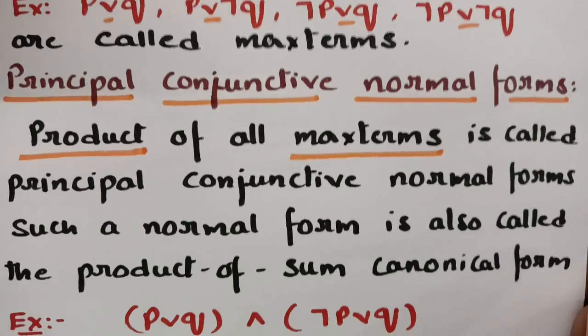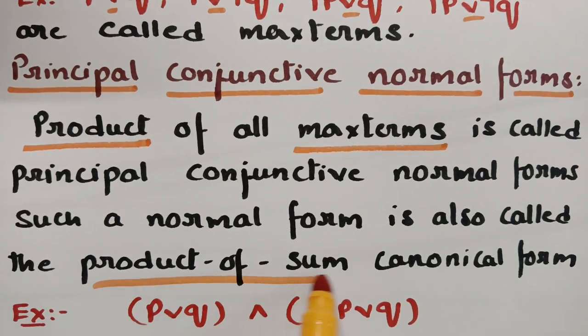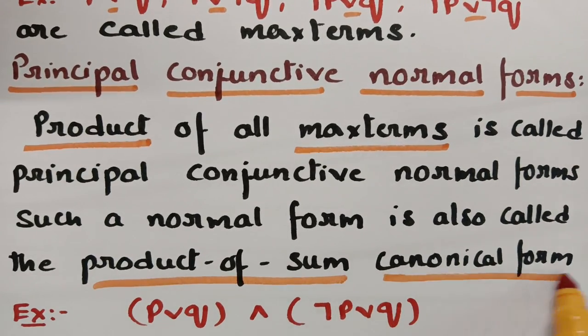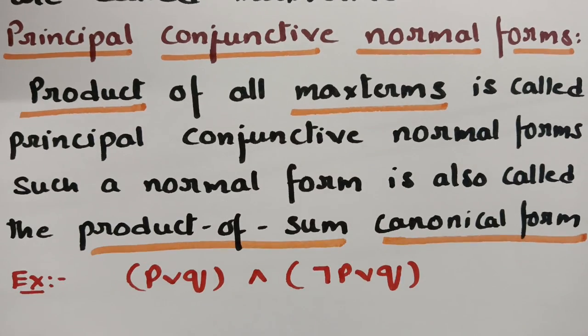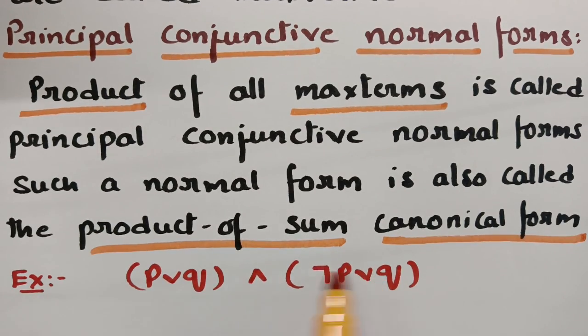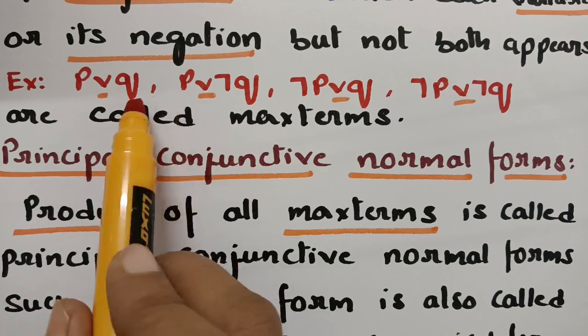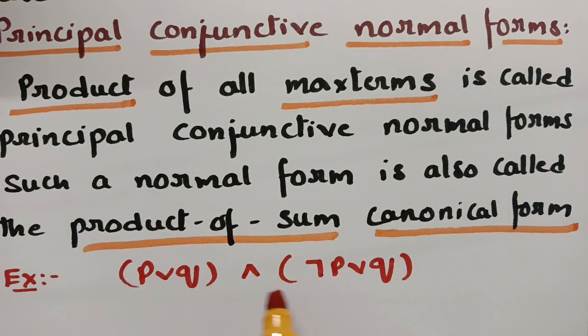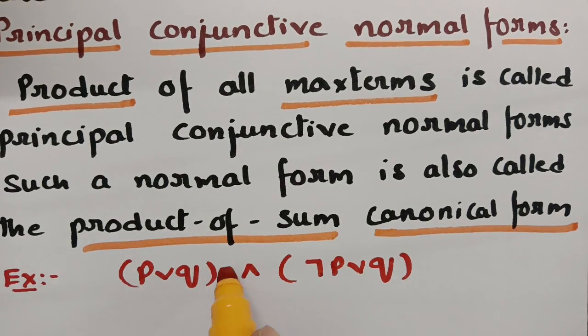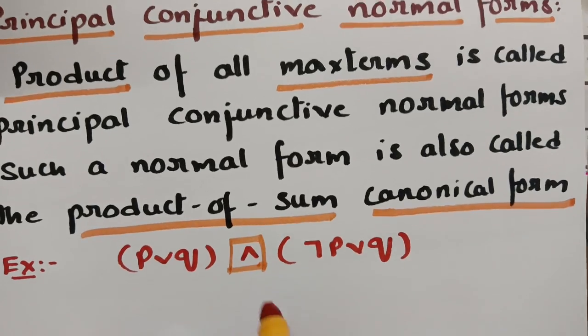Such a normal form is also called the product of sums canonical form. If you observe this one, these two are the max terms. If you make a product, this product symbol is nothing but the conjunction.